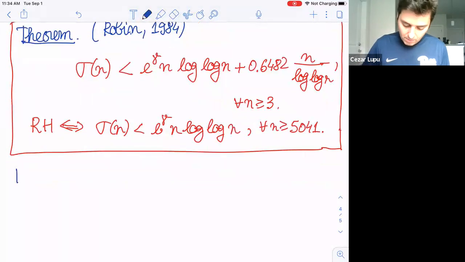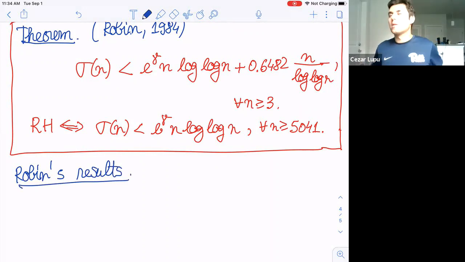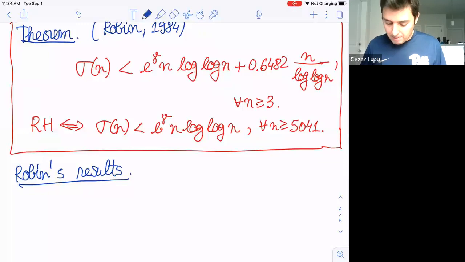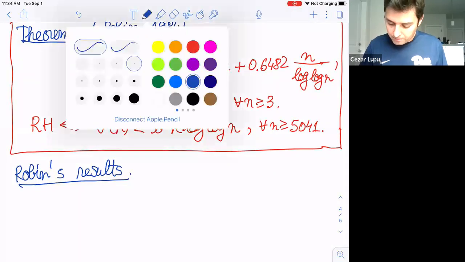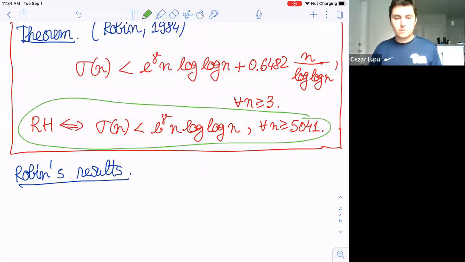So let me talk about Robin's result, because we will emphasize these theorems. I want to explain this equivalence a bit, that the Riemann hypothesis is equivalent to that inequality that you see.